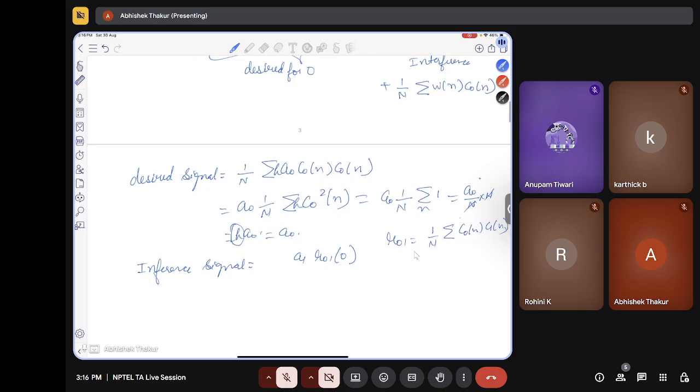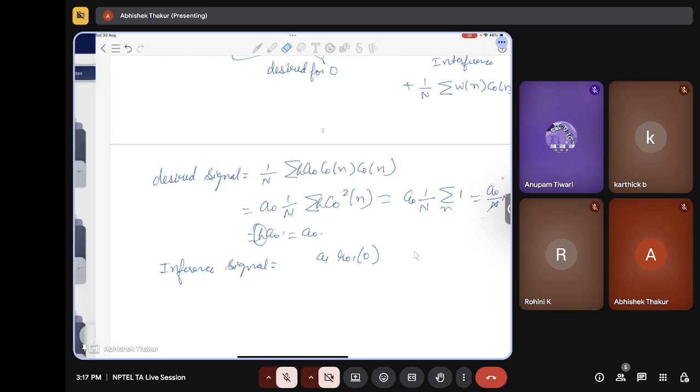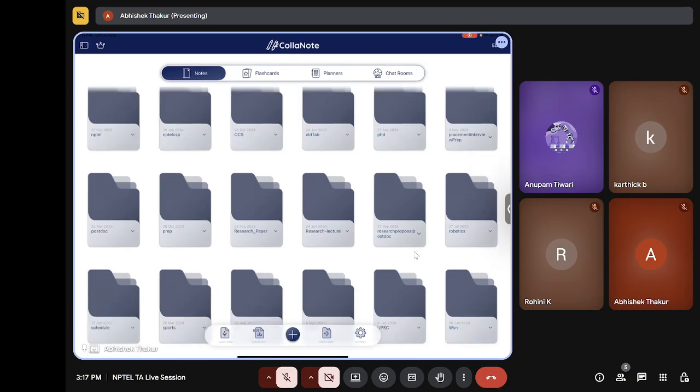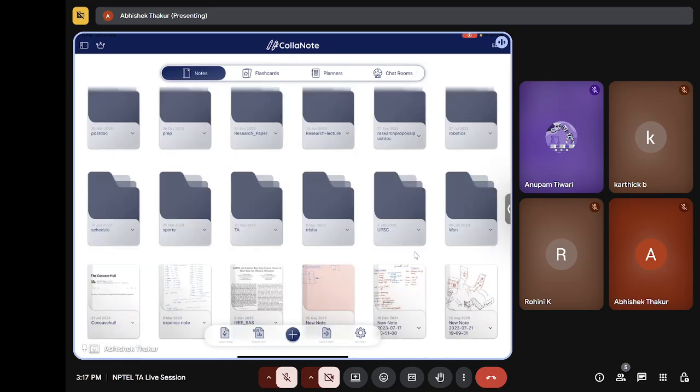So this is the interference signal, the correlation. In the last lecture, let's go through that once.